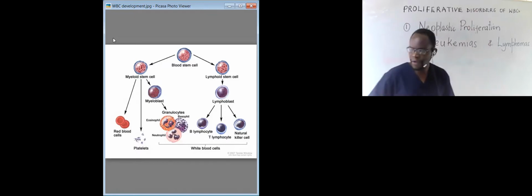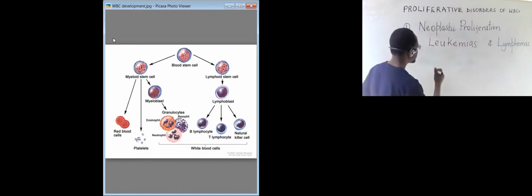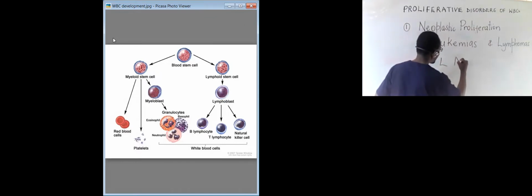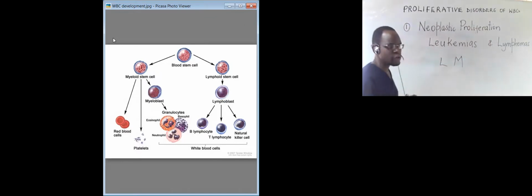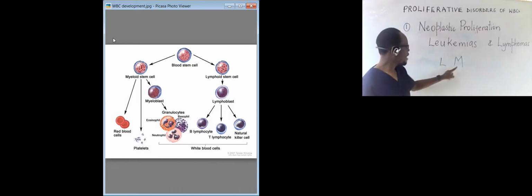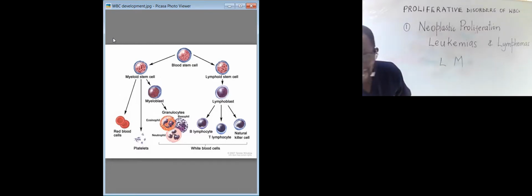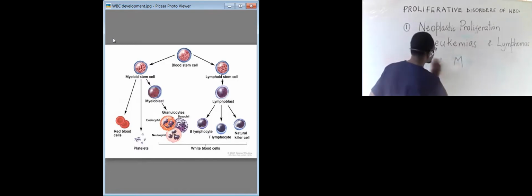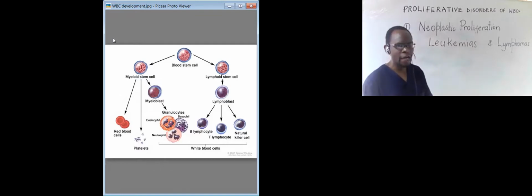If it confuses you, just say LM, the lymphoid and the myeloid. So the blood stem cell basically divides into those two.